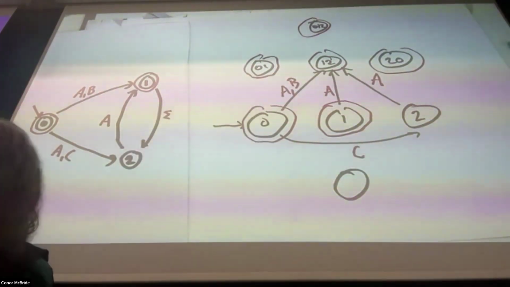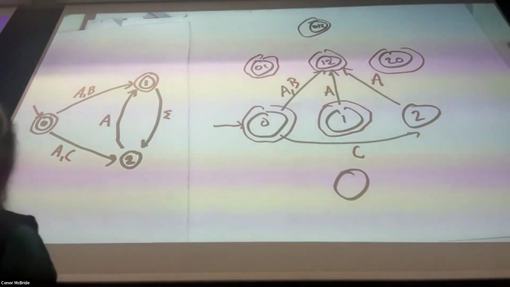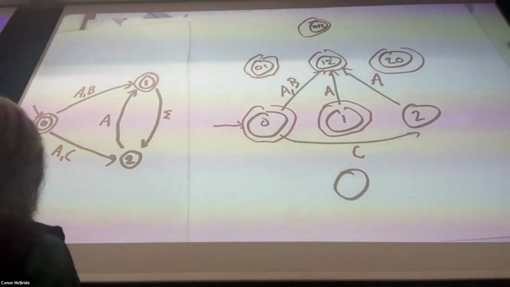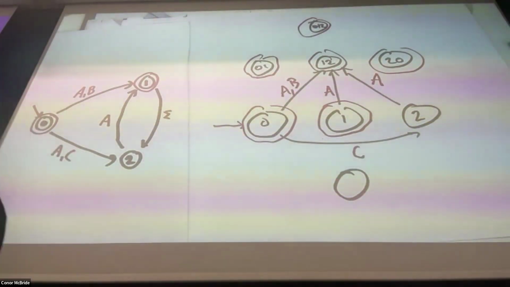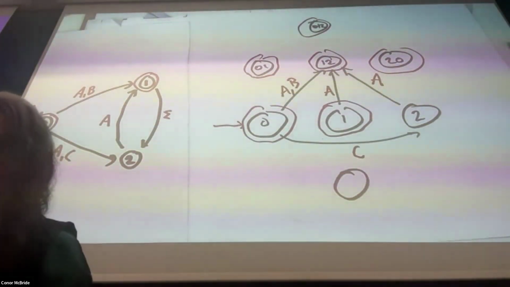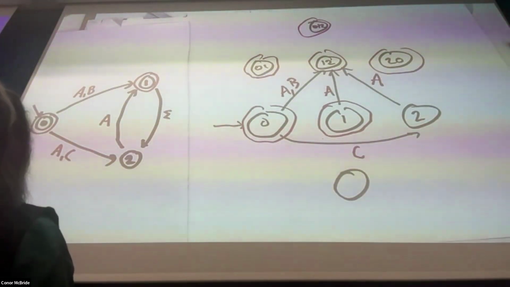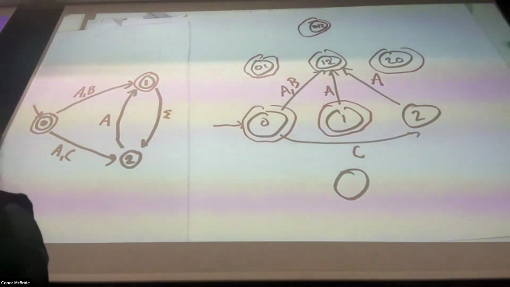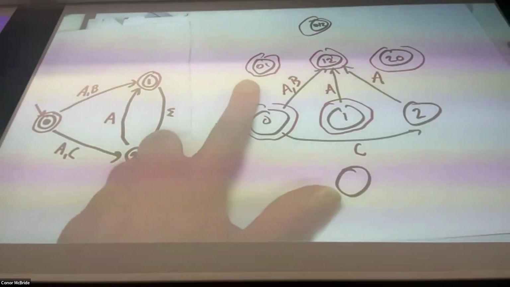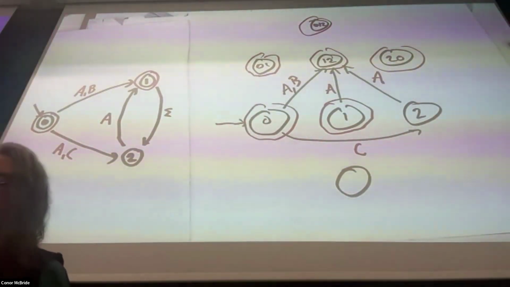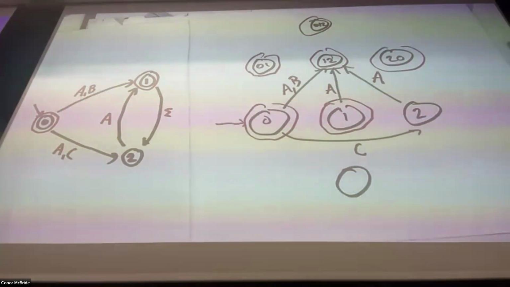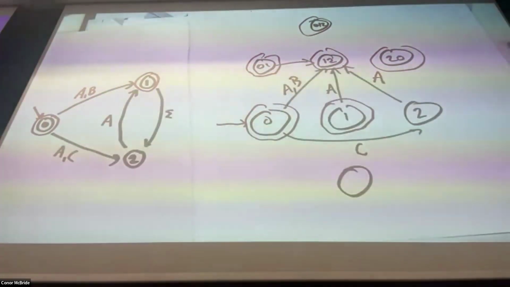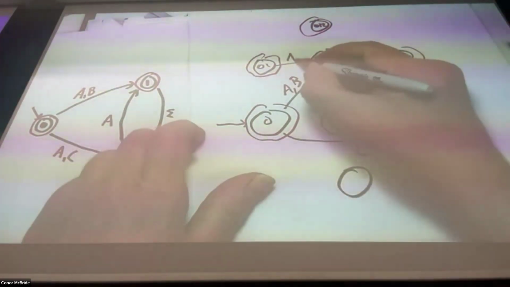But then if I'm in 0 or 1, and I get an input, where can I get to? If I get an A from 0 or 1, I'm going to 1 or 2. So there's an A there.